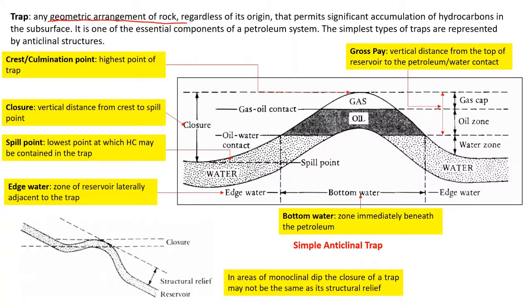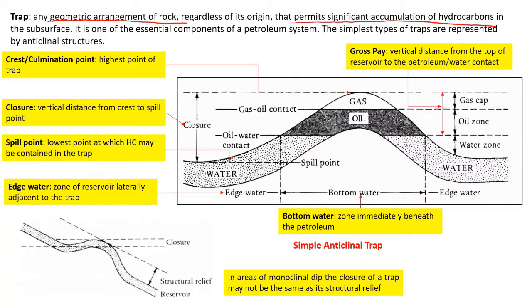When I say geometric arrangement, you should now guess that we are talking about the folding of rock or faulting of rock, or the structures formed by the various mechanisms. So any geometric arrangement of rock, regardless of its origin, that permits significant accumulation of hydrocarbon in the subsurface.